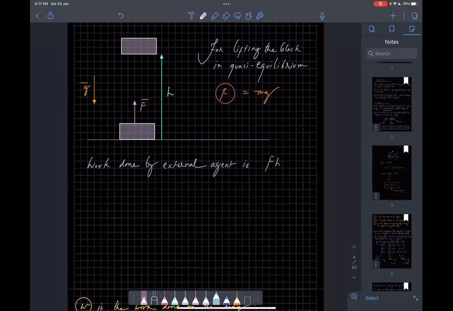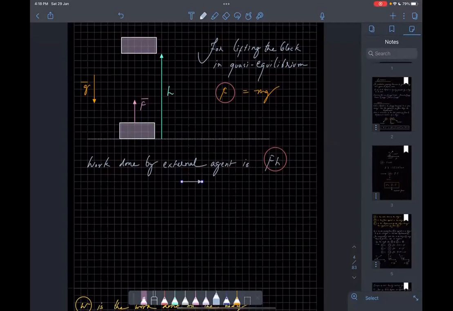F is in the upward direction, h is in the upward direction, and the angle between them is 0, so cos 0 is 1. So it is F into h, which implies work done by the external agent, I'll write WE, is equal to mgh. Do you agree?